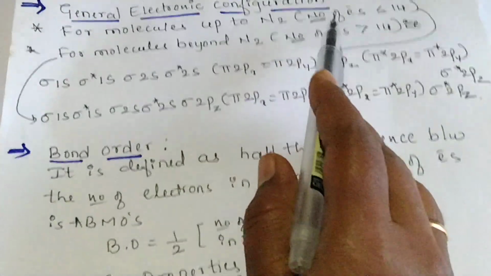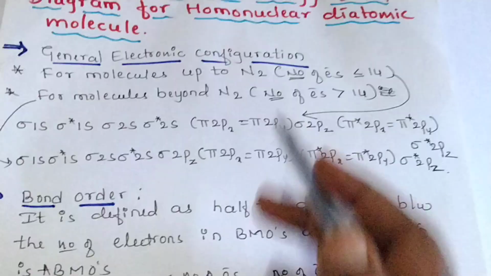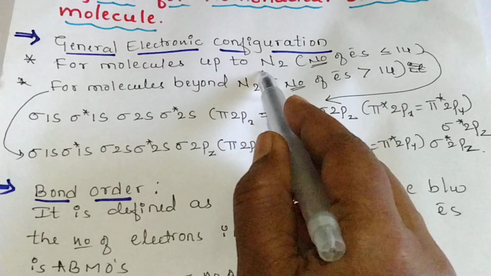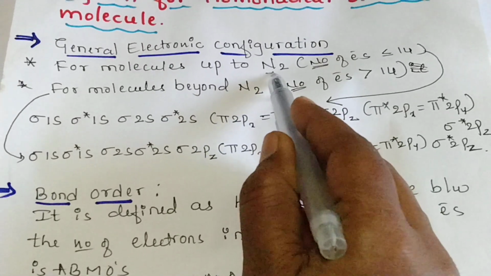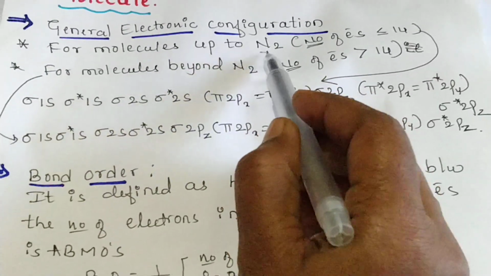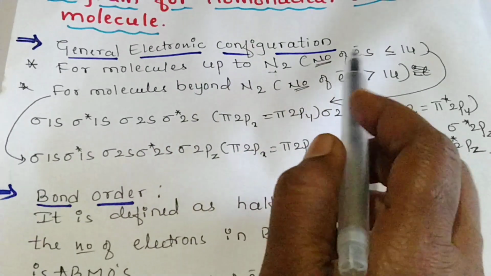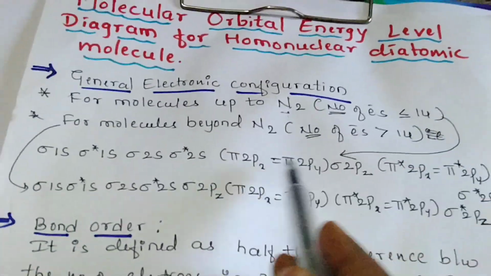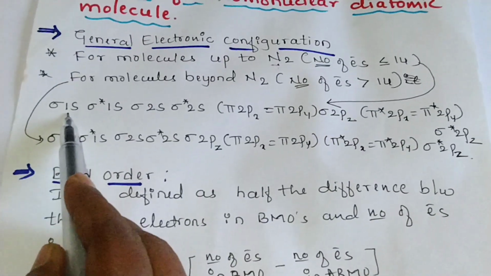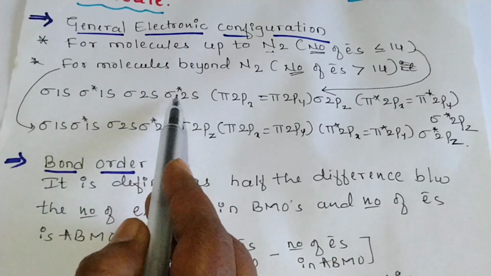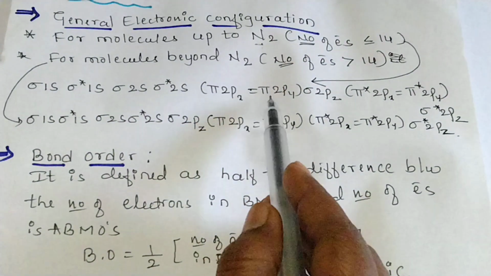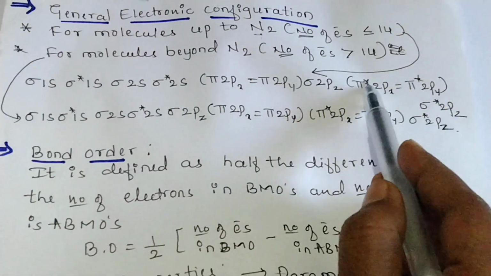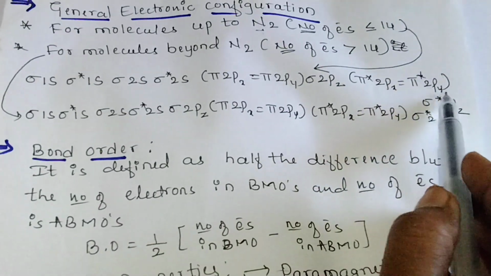The general electronic configuration for molecules up to N2: we know the atomic number of nitrogen is 7, so for a nitrogen molecule it is 14. For a number of electrons less than or equal to 14, we have to use this configuration: sigma 1s, sigma star 1s, sigma 2s, sigma star 2s, pi 2px equal to pi 2py, then sigma 2pz, pi star 2px equal to pi star 2py.